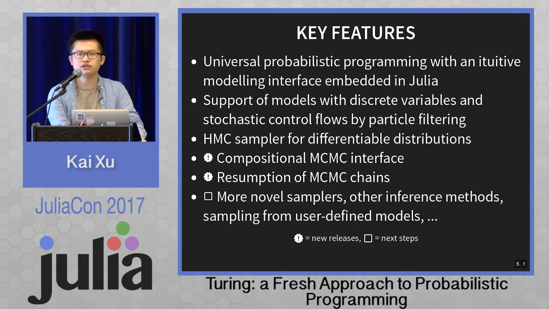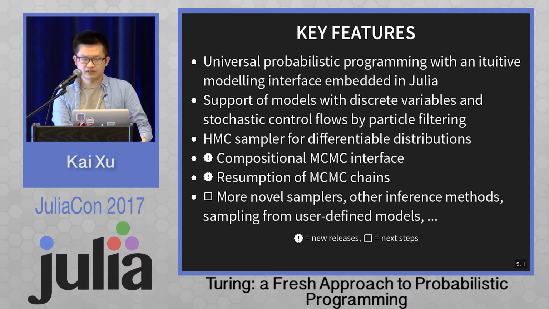And we recently released two new features, which is pretty cool. One of them is that Turing allows you to compose different samplers and run sampling at the same time in a Gibbs manner. I will show you an example soon.